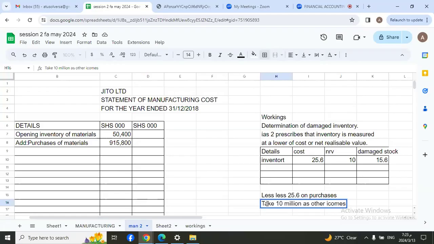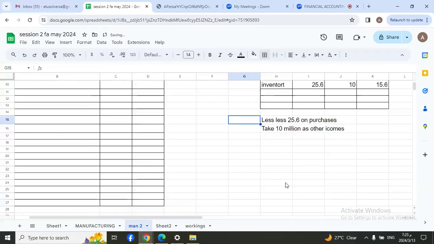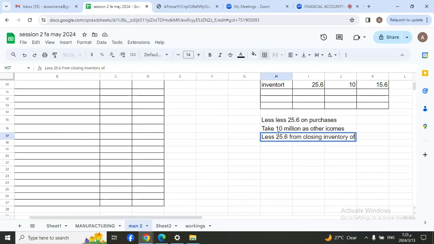Then less 25.6 from closing inventory of materials.